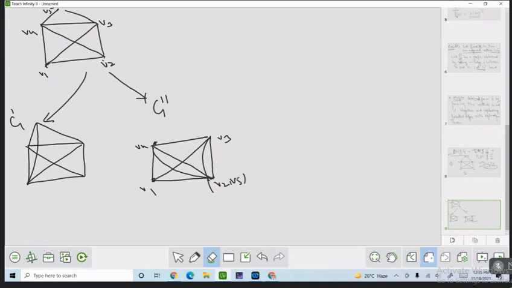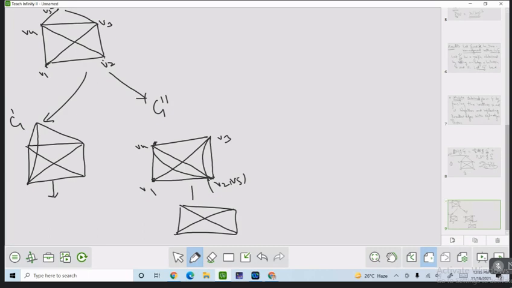Okay, it is not a simple graph, so I will make a simple graph. So what will you do? So this graph can be written as, clear? The problem is here because it is not a complete graph and it is not a tree.